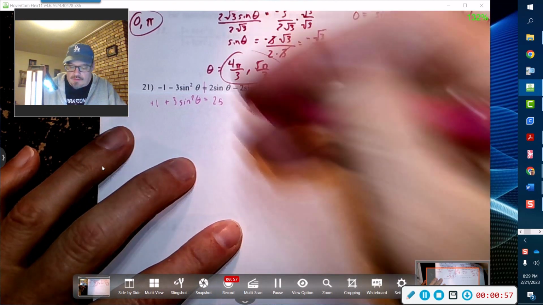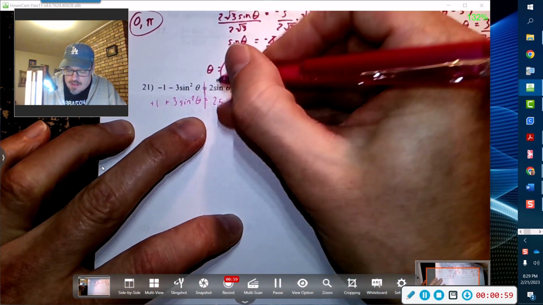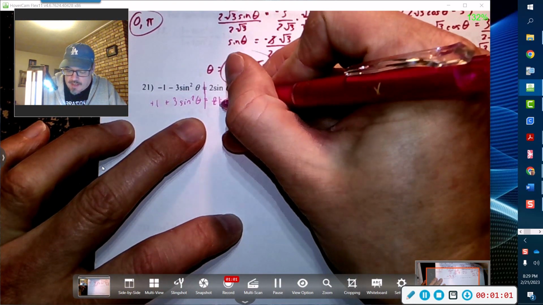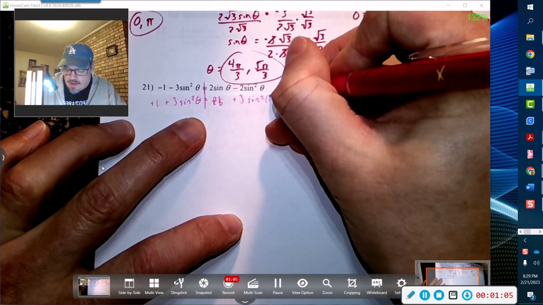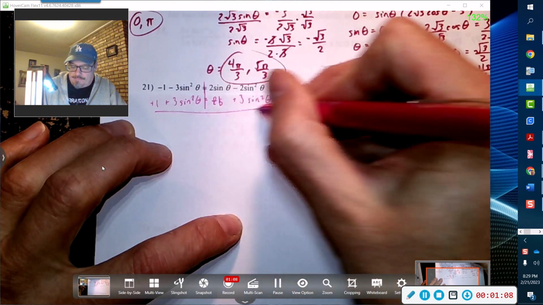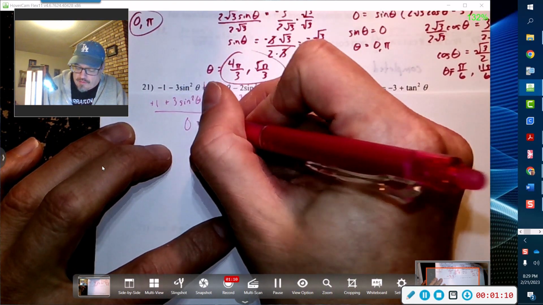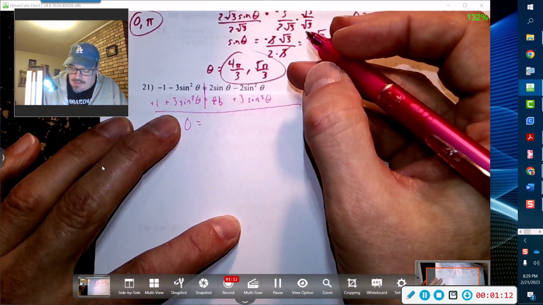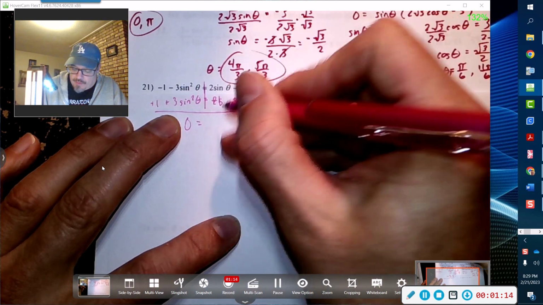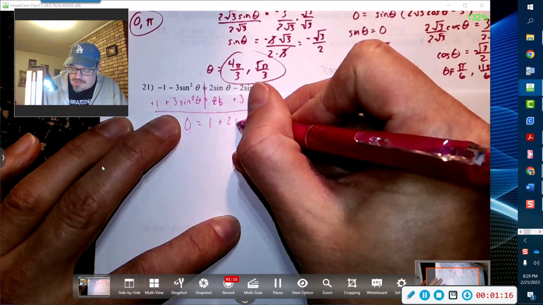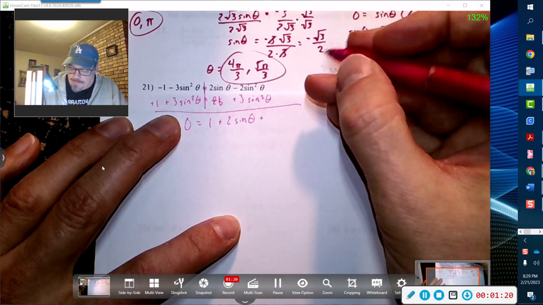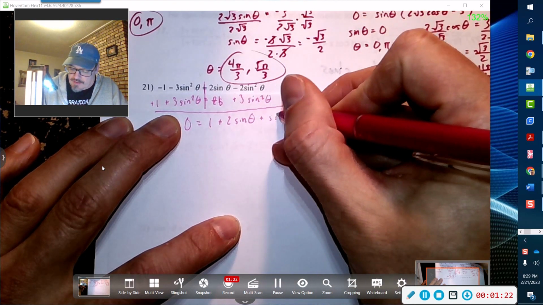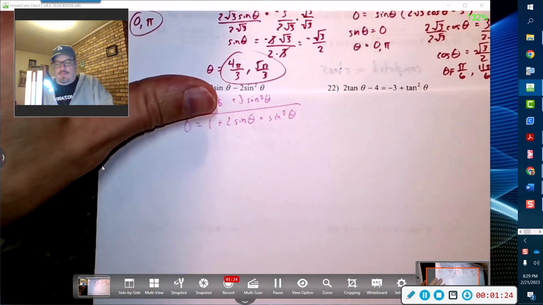Then we're going to add up plus 1, and then the plus 3 sine squared theta. All right. So this guy's all 0. And then what we got is we have 1 plus 2 sine theta plus 1 sine squared theta.